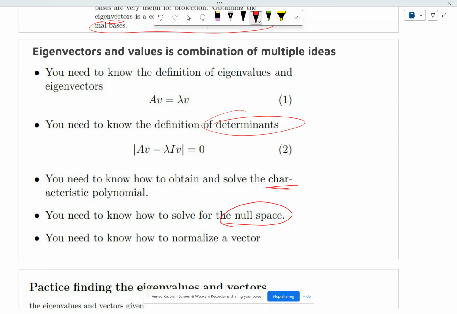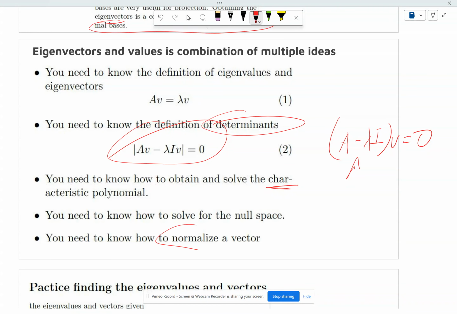Because once you calculate the characteristic polynomial and get the eigenvalues, you then need to calculate the eigenvector. The eigenvector is therefore when (A minus lambda I) times v is equal to 0. Therefore, it's a null space of this matrix. And lastly, you also need to know how to normalize a vector. Once you get eigenvectors, that's not good enough. We want orthonormal bases. Therefore, you need to normalize them.